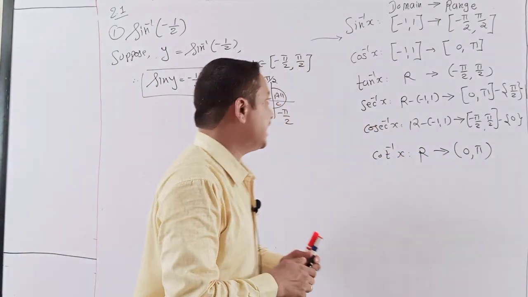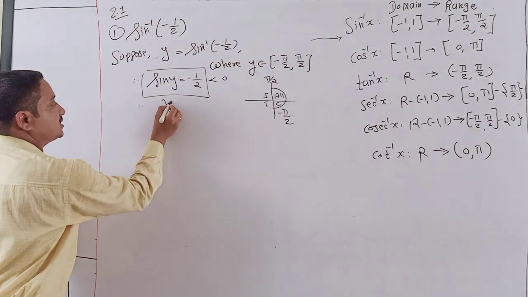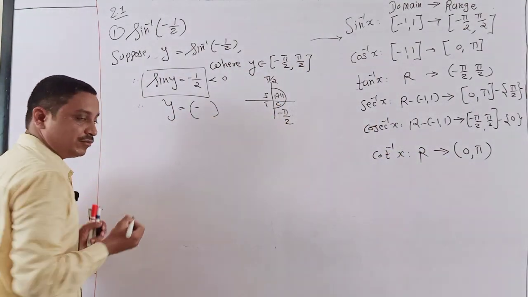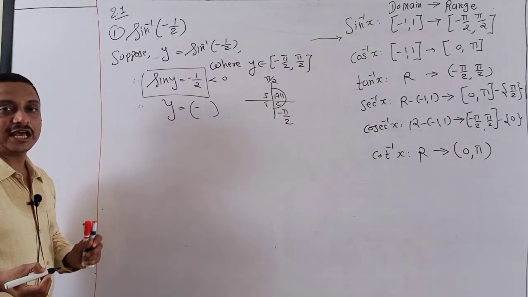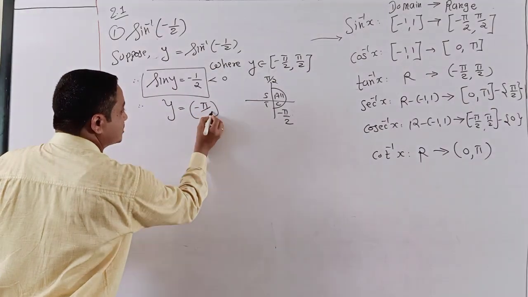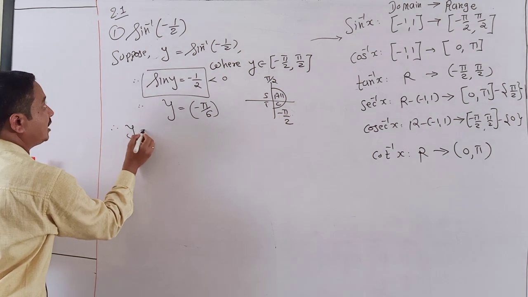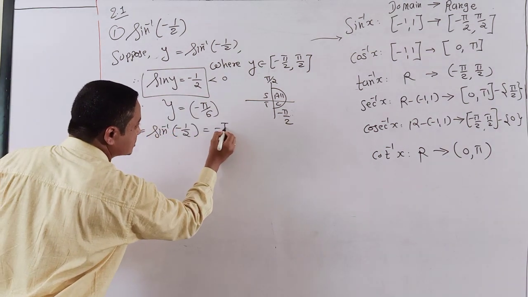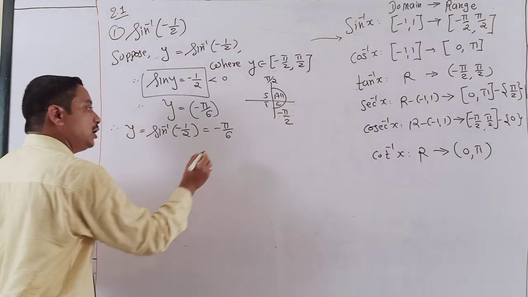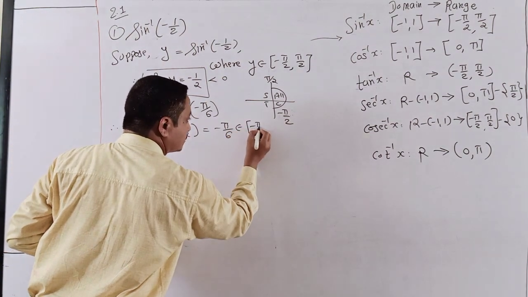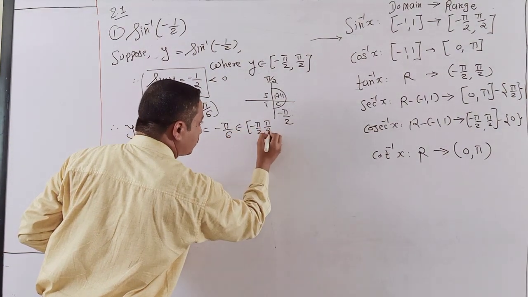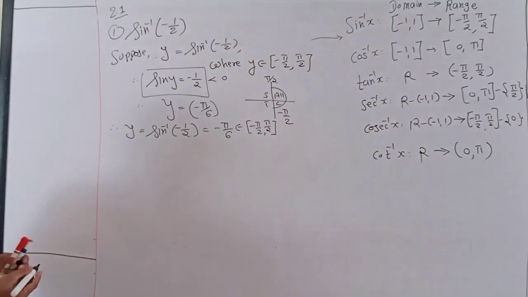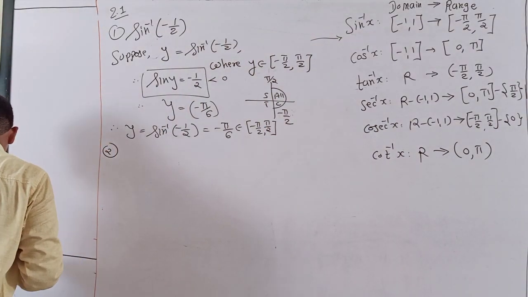That's why I just here write y is equal to fourth quadrant negative, and sine half is 30 degrees, means pi by 6. So my numerical is done. Sine inverse of minus half is minus pi by 6, which belongs to our range minus pi by 2 to pi by 2.